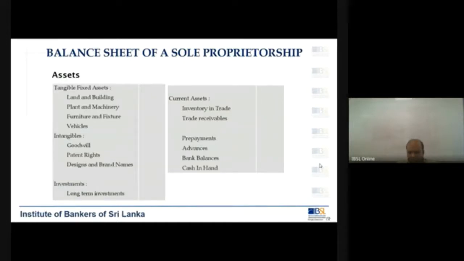They will just pay rent, get office space and run the shop. So not all businesses will have fixed assets. This is just an extended list. What you have to do is list all the fixed assets, then the intangible assets, then investments, if you have any bank deposits and so on.